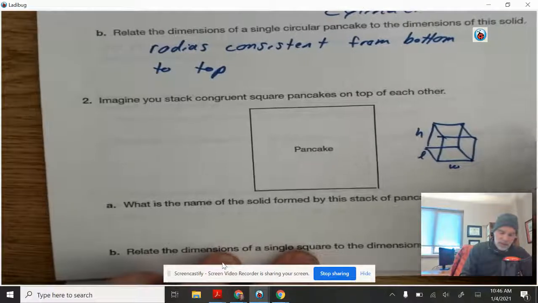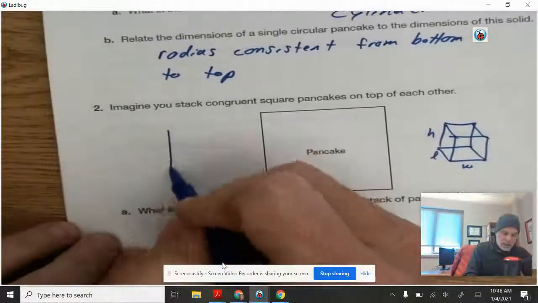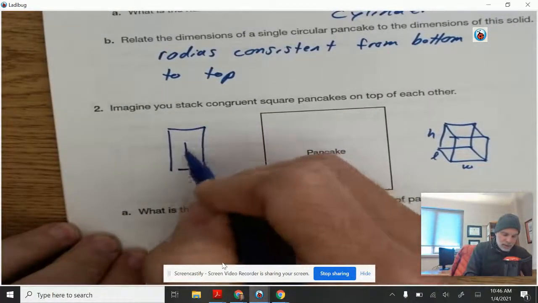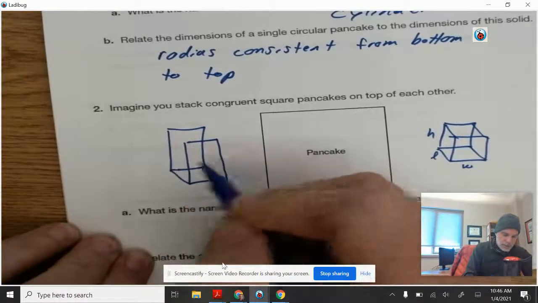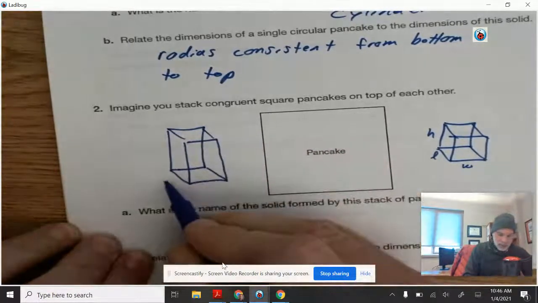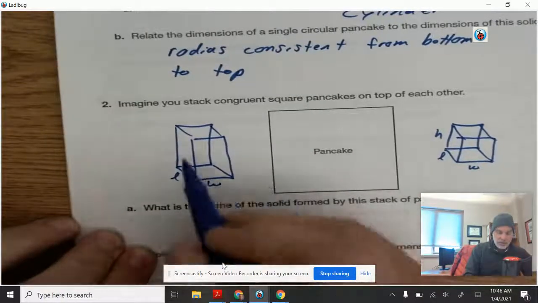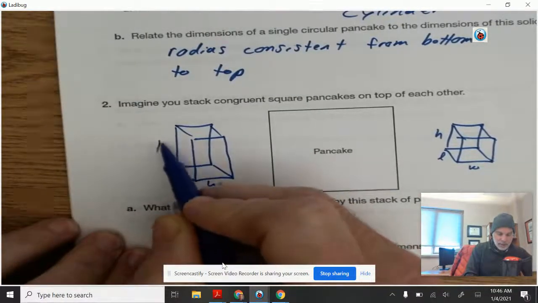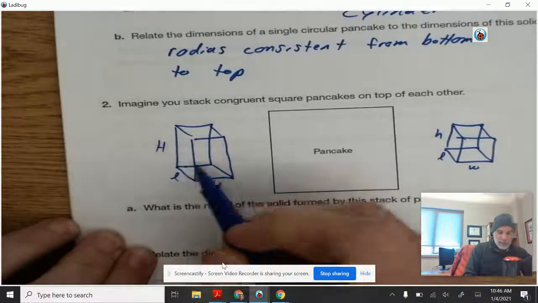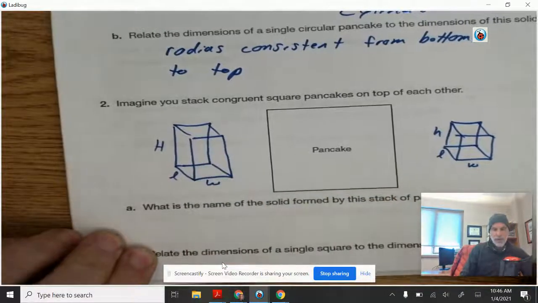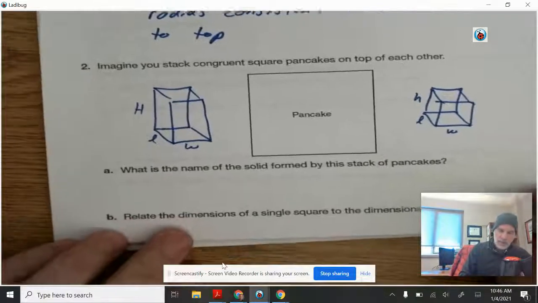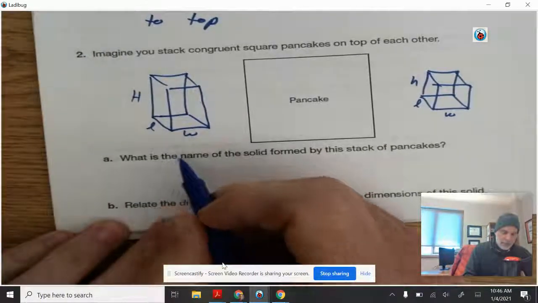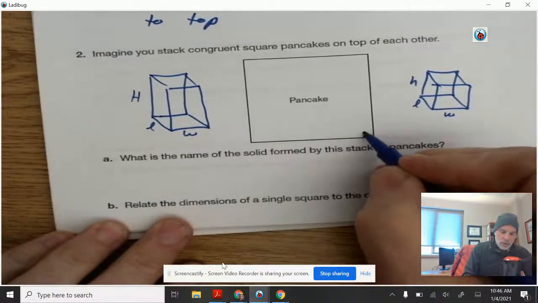But if I continued to stack these higher and higher and higher, to where not all the dimensions are the same, where the length and the width are different than the height over here, then we're not going to call that a cube anymore. So the safe term to use here, and I think we've already established this, is that squares are also considered rectangles.